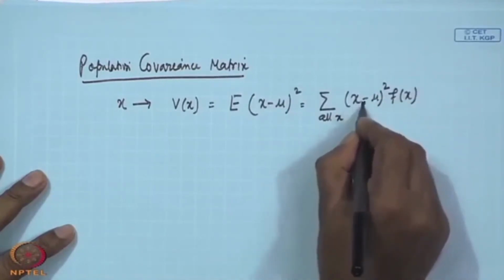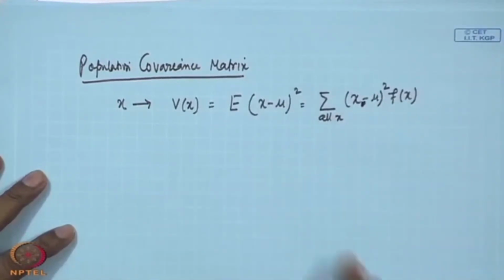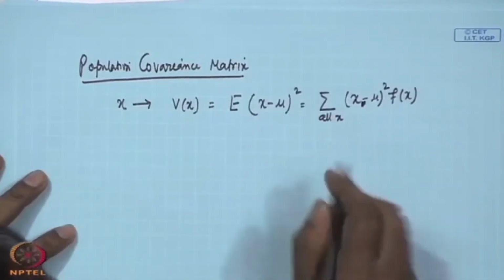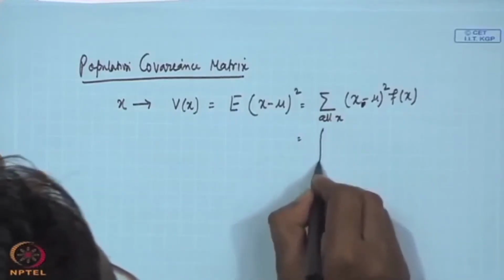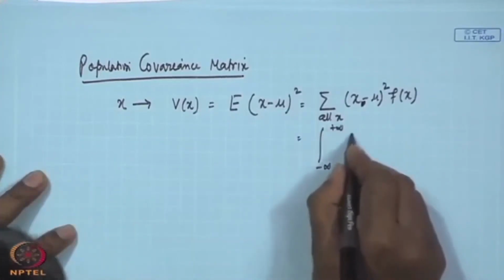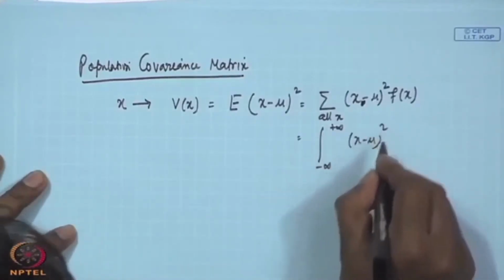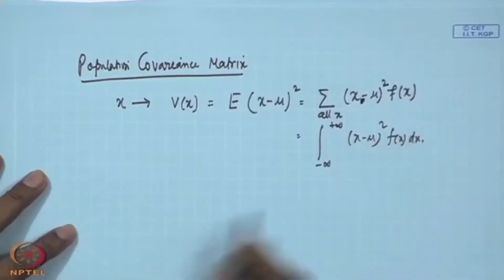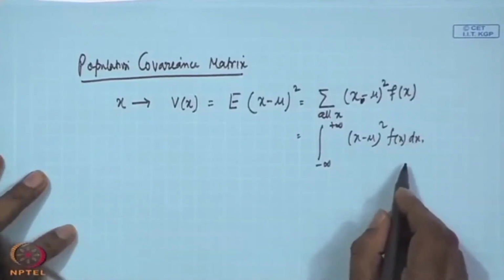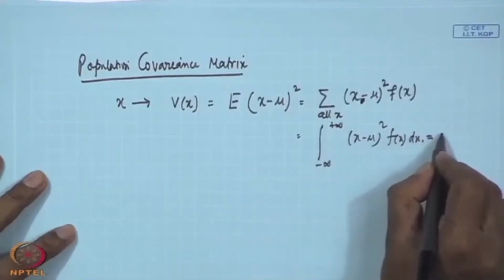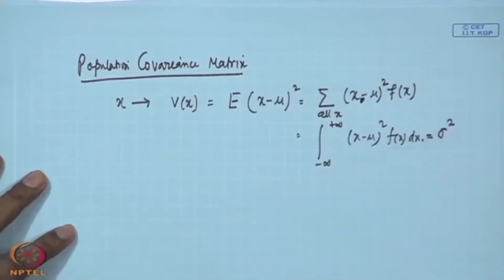We are not using that now, let it be the general case like this. So that is why I have written all x. And when you go for integration, you write the integral of (x minus mu) square f(x) dx. This is the variance component, which is sigma square.